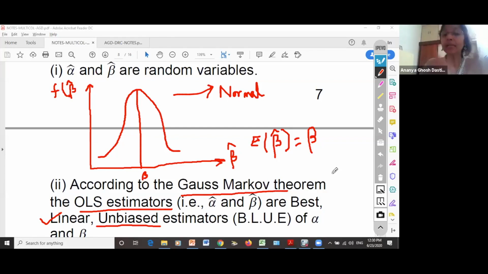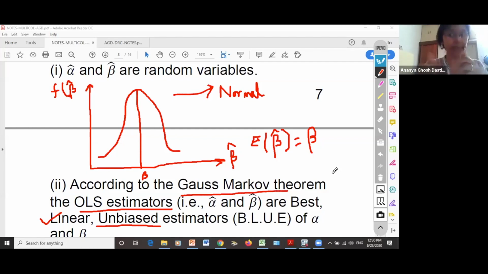Now, if all the OLS assumptions hold, then the Gauss-Markov theorem is telling you something beautiful: if you're using the OLS estimators and all the assumptions hold, then the center of the probability distribution of beta hat is actually at beta. Even if you don't know what beta is, you're still using an estimator which is centered at beta.